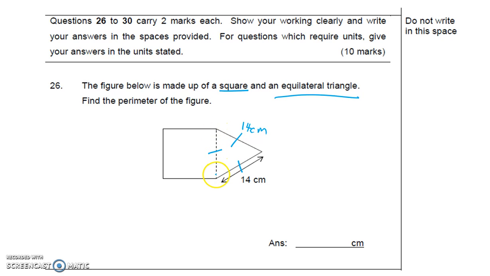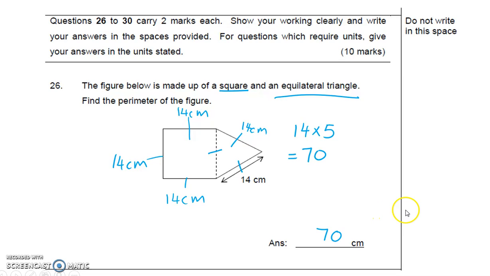Since this is a square, all the sides are equal. So this is 14, this is 14 as well, and this will be 14 as well. So you can take 14 plus 14 plus 14 plus 14 plus 14, or you can take 14 times 5, and you should get 70.